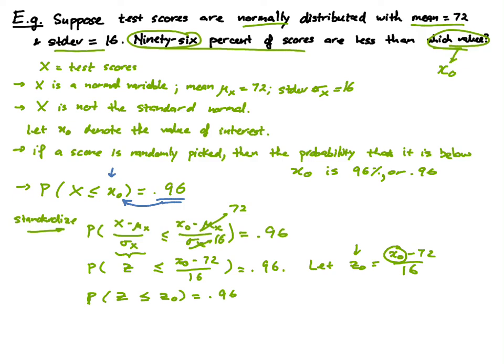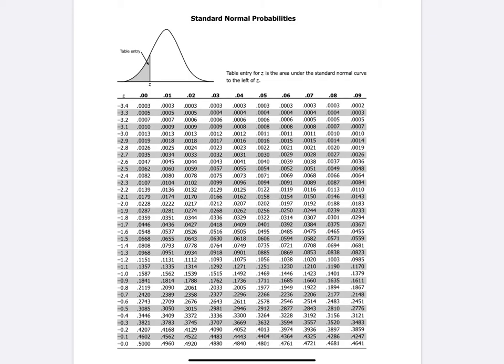So let's go to the standard normal table and recall that earlier in previous examples, if you're given z sub 0 and you want to find the probability that Z is less than or equal to z sub 0, you want to identify z sub 0 and then look on the margins for the appropriate row and the appropriate column to find the probability in the interior of the table.